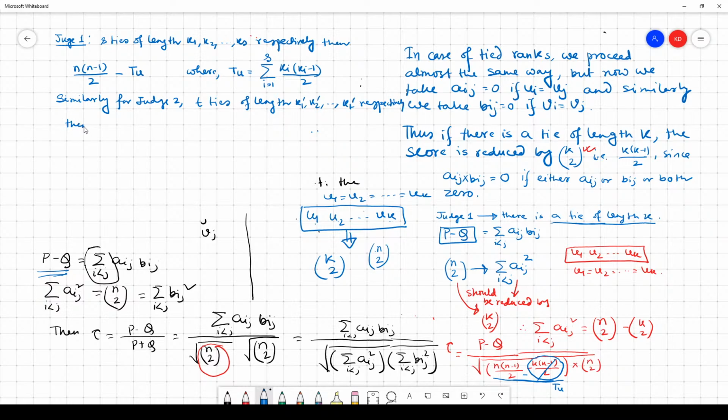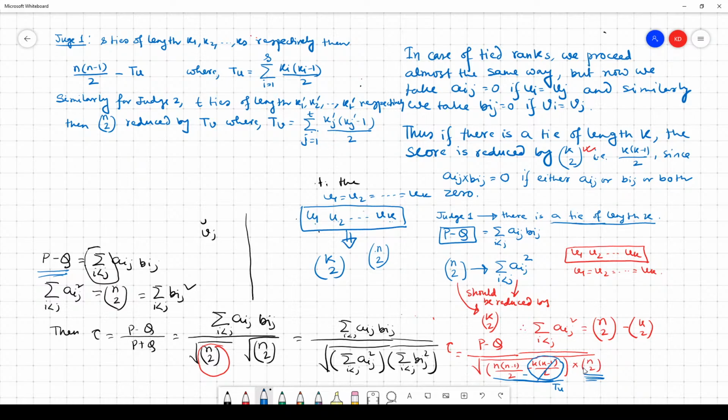Then for the second portion of nC2, that means the summation of bij square, i less than j, should not be nC2, and in the same manner it is reduced by Tv, where Tv equals the sum over j from 1 to t of kj dash into kj dash minus 1 by 2.